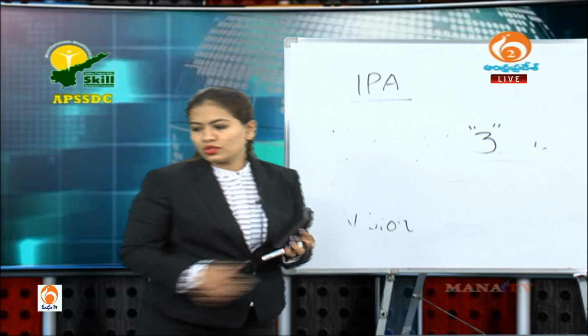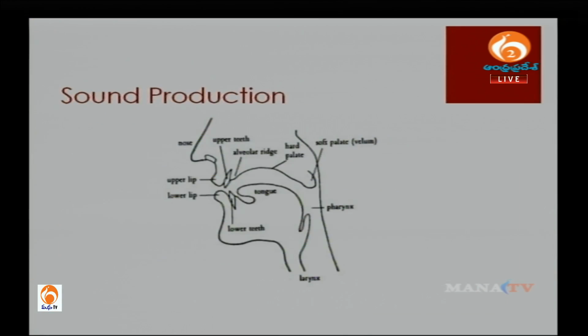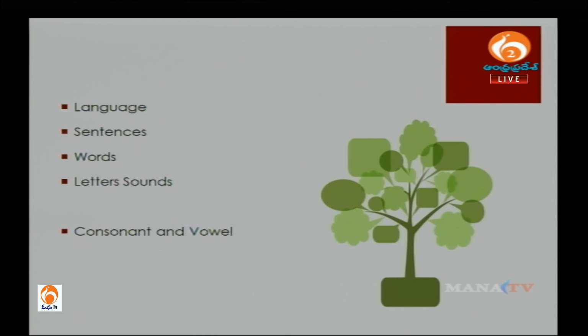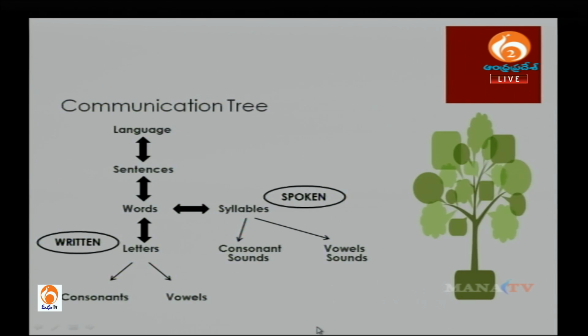So let's move to the slide to understand this better. Okay, the communication tree, looking at this slide. Spoken and written: communication can happen either through written form, that is, I write an email or I write a letter and get this information out, or it can happen through speech, that is, through spoken language.